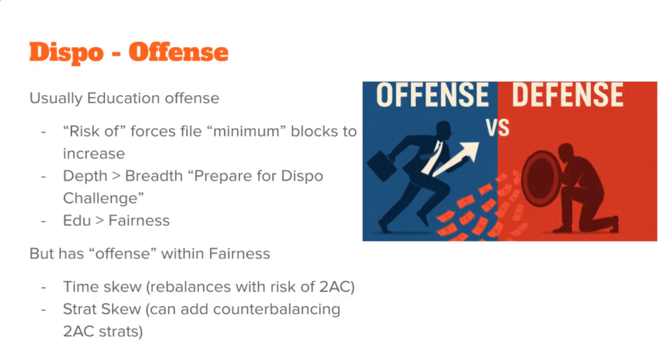So the way this goes from an offense-defense perspective is, neg, you say dispo, they say they're not, and you say you should be dispo. Usually in the 1AR, you have education-based offense. In the world of dispositional, the neg's only going to read counterplans if they're substantially researched, because they have to prepare for that bluff call when they read 3 disads to the counterplans or a bunch of no solvency arguments.